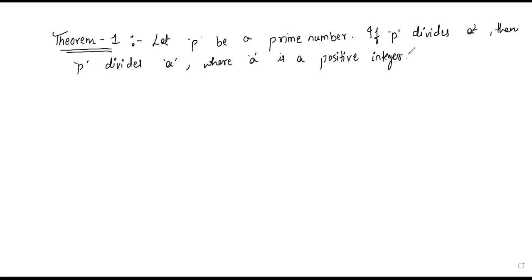Let's have a p, and that p is a prime number. If p divides a square, then p also divides a. And what is that a? a is some positive integer. Okay, let's see the proof for it. As I told you, a is a positive integer, correct?